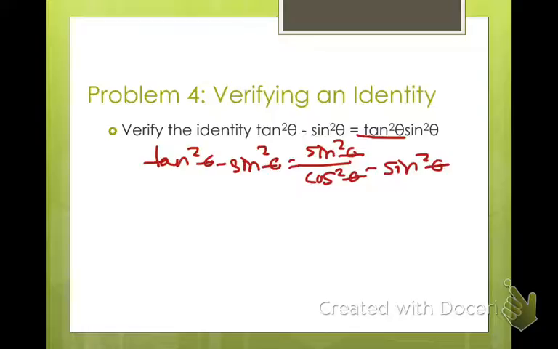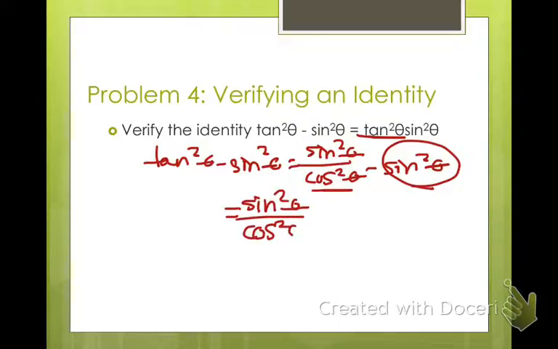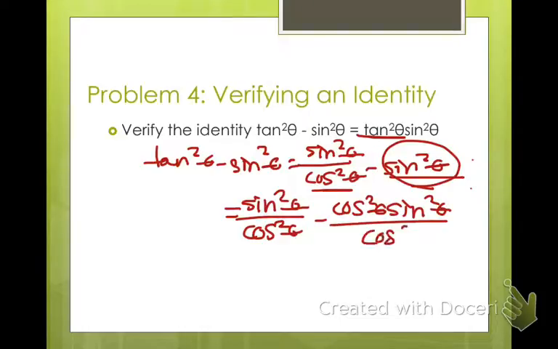So we need to rewrite sine squared theta with a denominator of cosine squared theta. So that's sine squared theta over cosine squared theta. We would need to multiply both the numerator and the denominator by cosine squared theta. Cosine squared theta sine squared theta over cosine squared theta. Okay, now we can put these together.